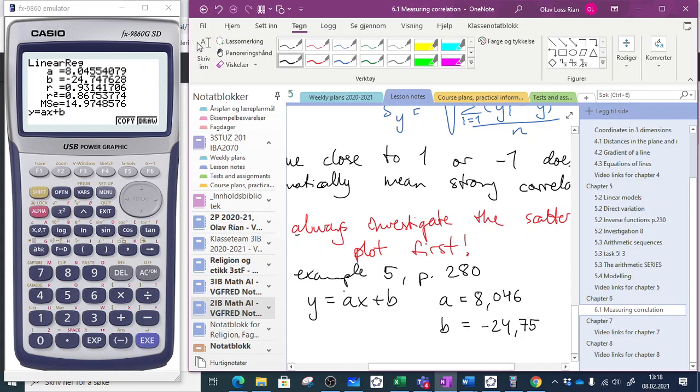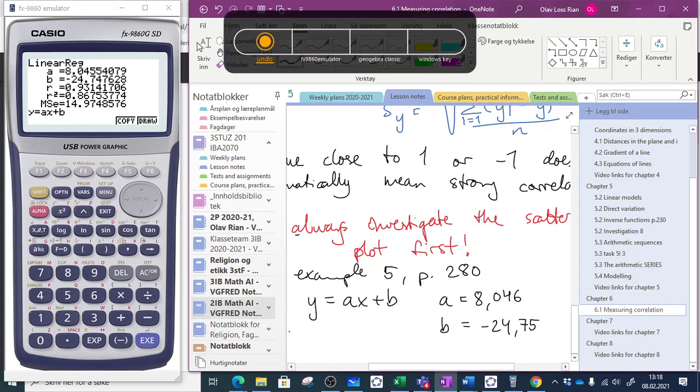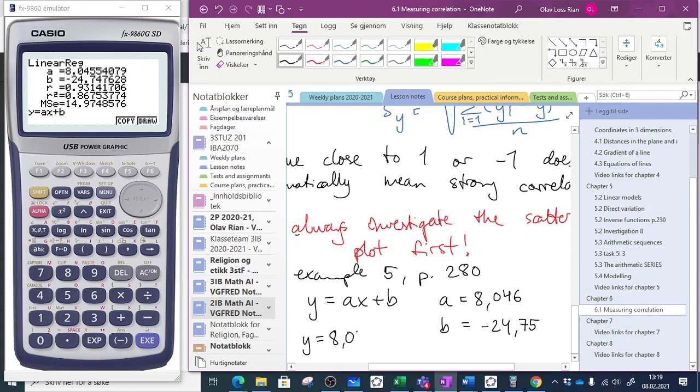So this is going to be the equation for my regression line then: y equals 8.046x minus 24.75.